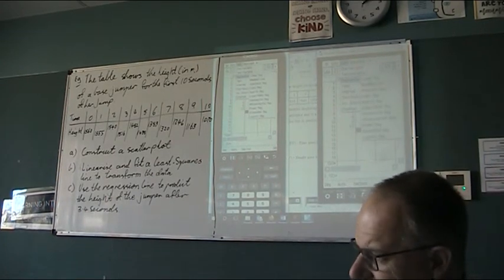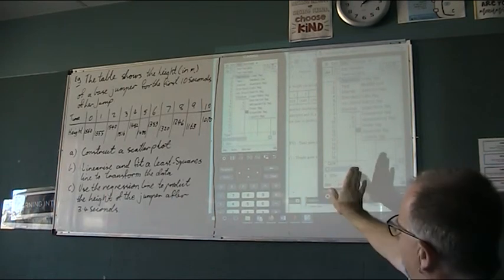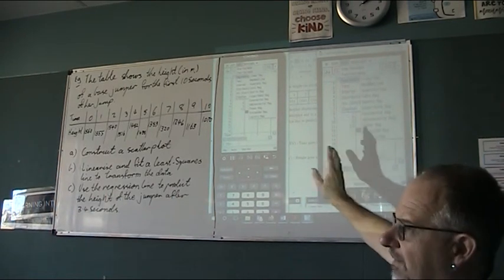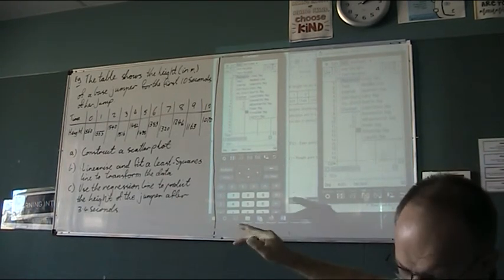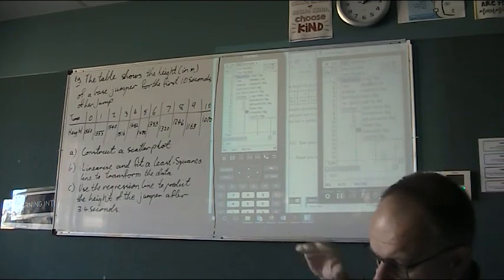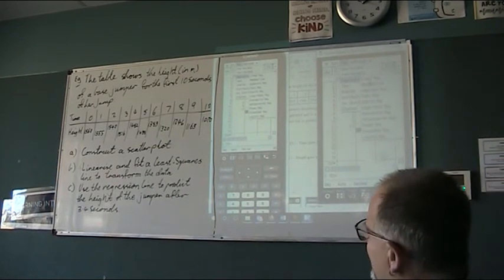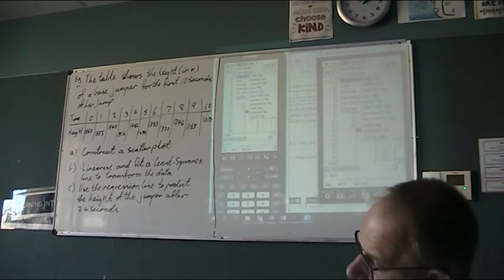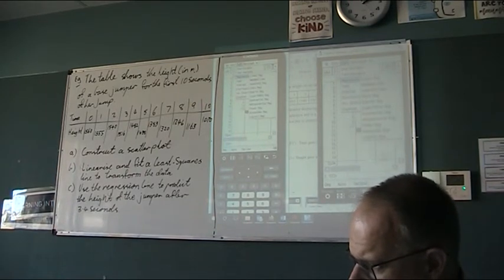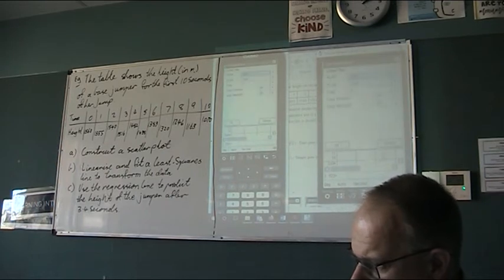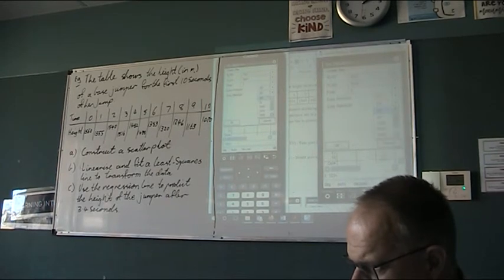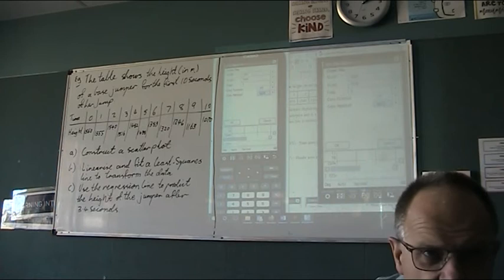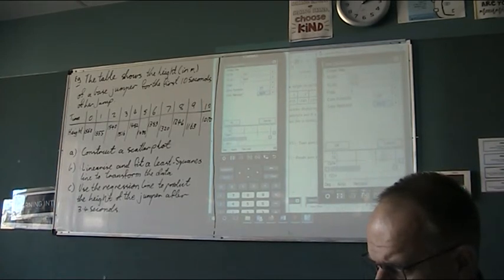The reason is that we need the information that gives us for when we then linearise, because we're going to have some options and we need to compare, and the way we're going to compare is with our R value. So calc, regression, linear reg, list 1 and list 2. I'm going to copy the residuals into list 3 because I might want to draw a residual plot to see whether I need to linearise as well.